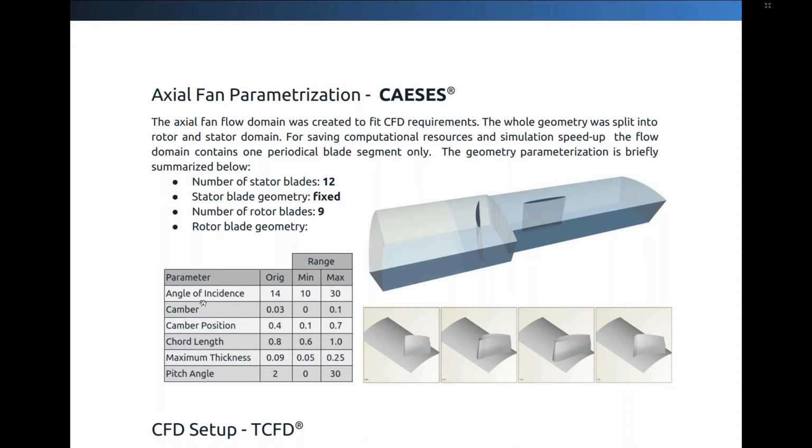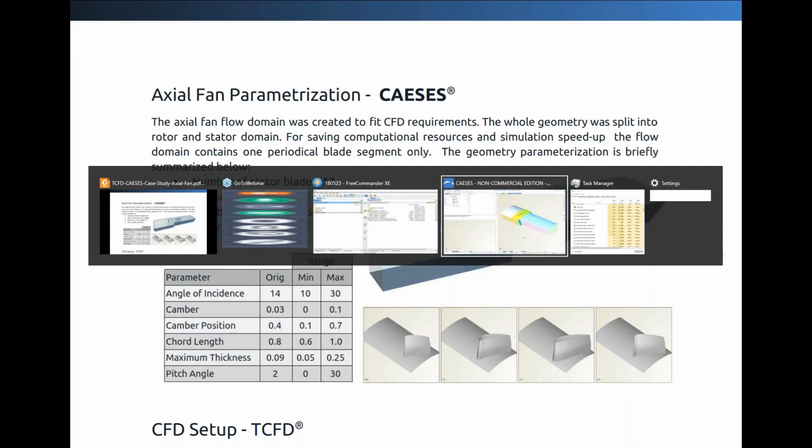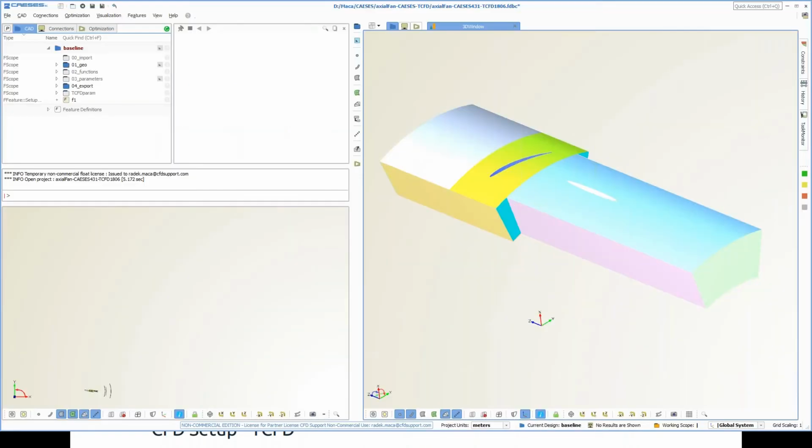Okay, then we chose 6 parameters to be designed. I will be speaking about this particularly inside the CAESES software. So now I switch to CAESES into the CAD part. Here we have already created the geometry for the CFD purposes, so the rotor part and the stator part.